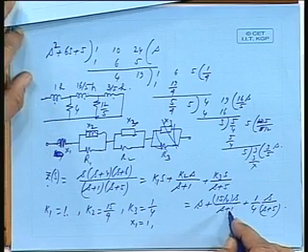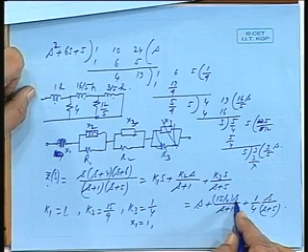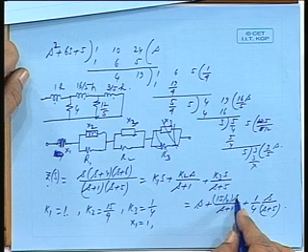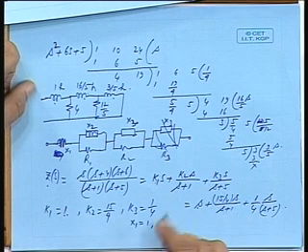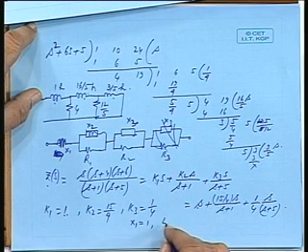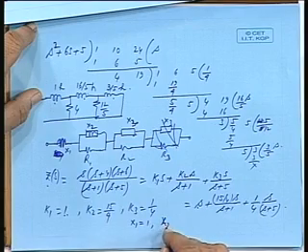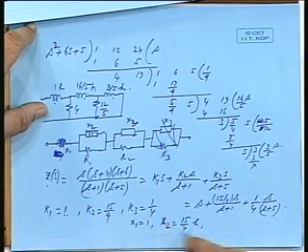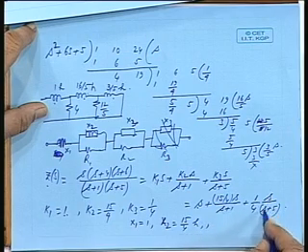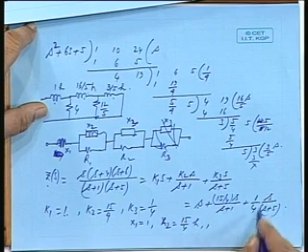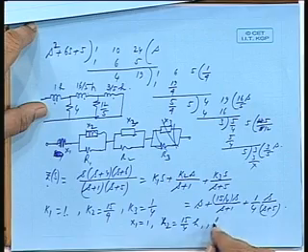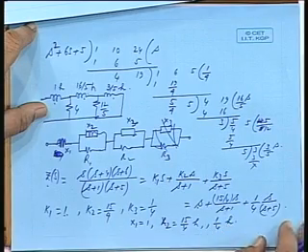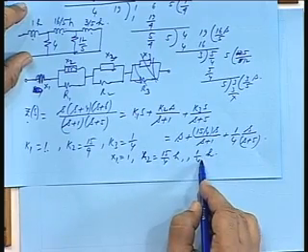From here you can see, if I make s tending to 0, this is 15 by 4. So, x2 is 15 by 4 Henry, and x3, if I make s tending to infinity, is 1 by 4 Henry. Okay. So, these are the three values, 1, 15 by 4 and 1 by 4.